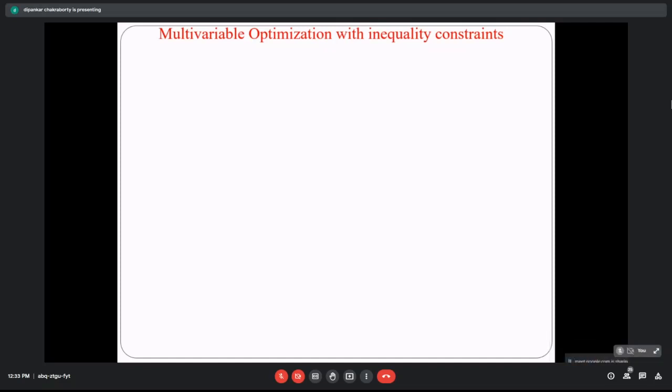So if we consider the standard mathematical form of multivariable optimization with inequality constraints, how will it look?